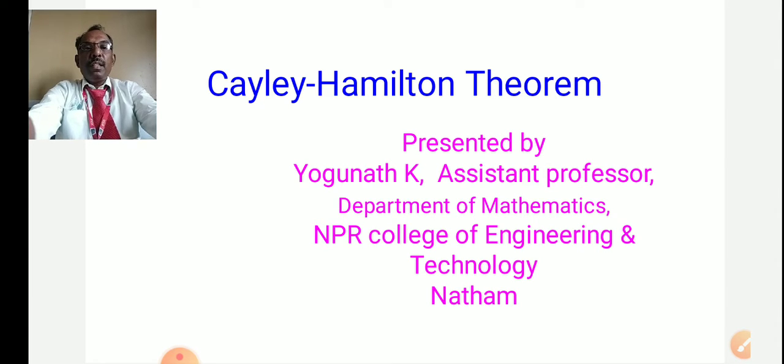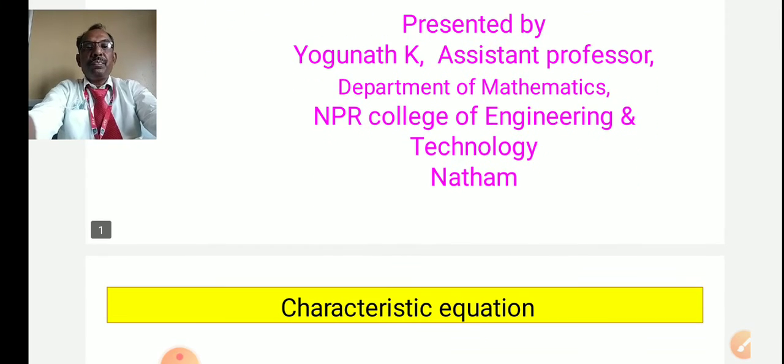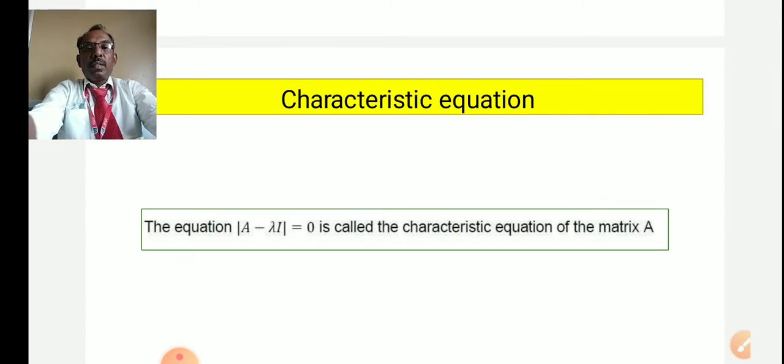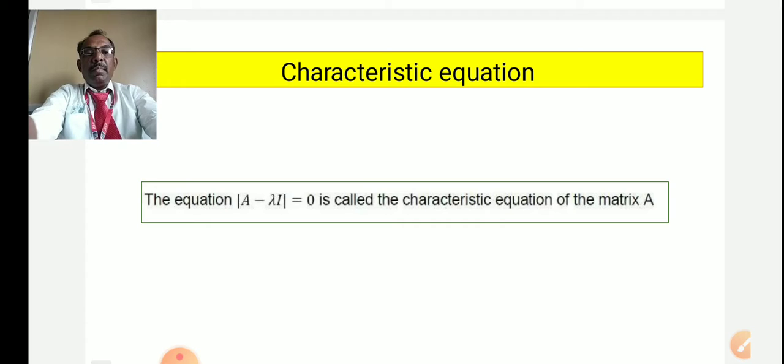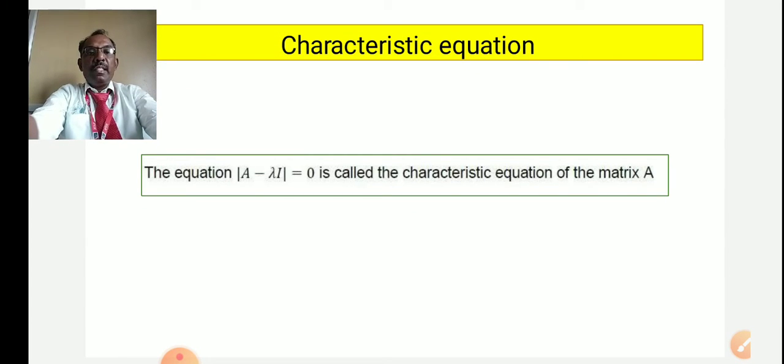Now we see the Cayley-Hamilton theorem in matrices. First we see the definition of the characteristic equation. The determinant of A minus lambda I equal to 0 is called the characteristic equation of the matrix A. A is a square matrix, where the number of rows and columns are equal, so A is an n by n matrix.